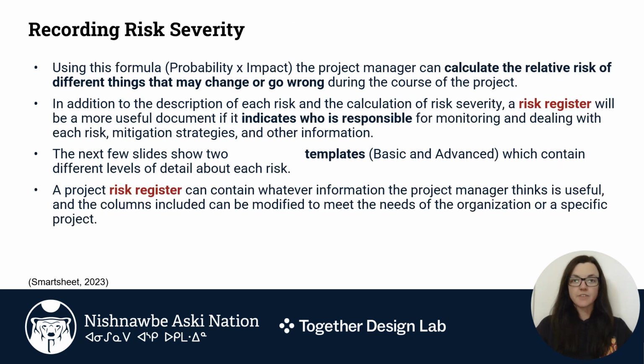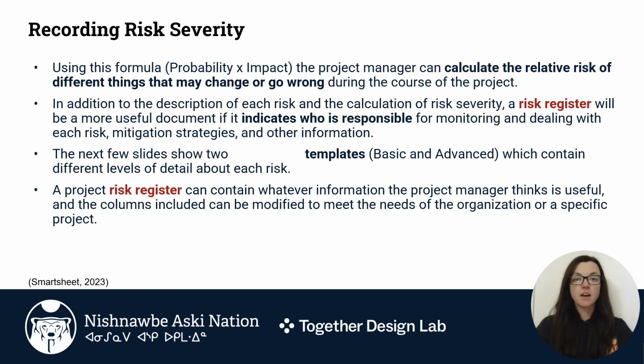Recording risk severity. Using this formula, probability times impact, the project manager can calculate the relative risk of different things that may change or go wrong during the course of the project. In addition to the description of each risk and the calculation of risk severity, a risk register will be a more useful document if it indicates who is responsible for monitoring and dealing with each risk, mitigation strategy, and other information.